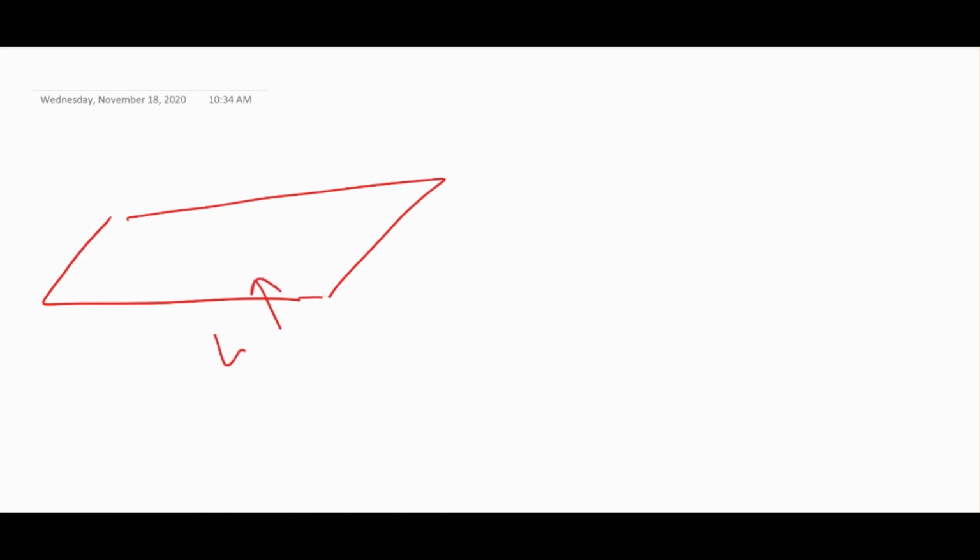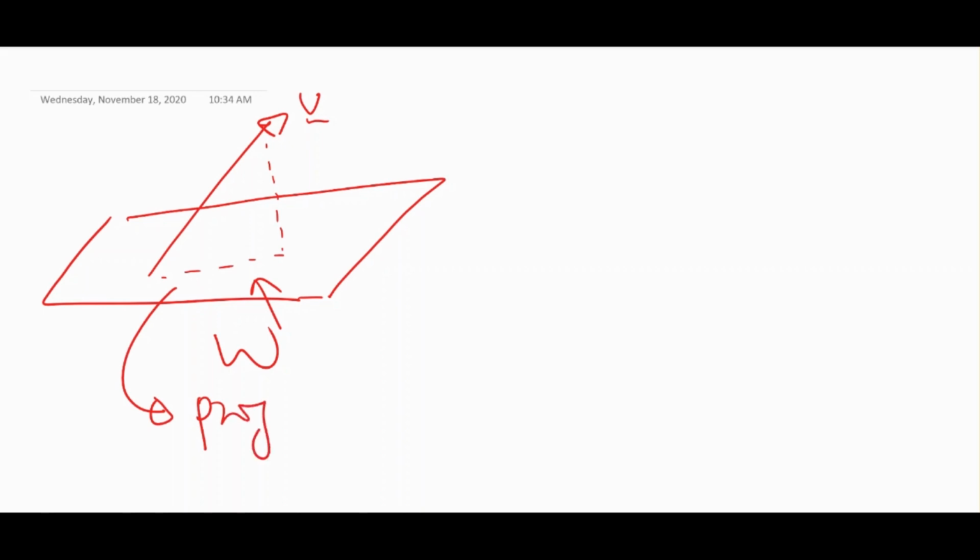You have a vector space W. You have a vector V. How do we do the projections? So the projection right here is called the projection vector of V onto the vector space W. And how do we do that?